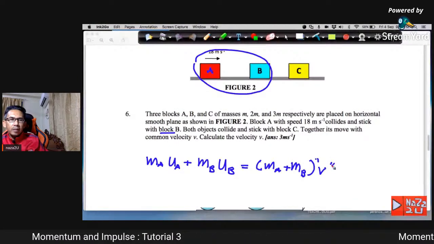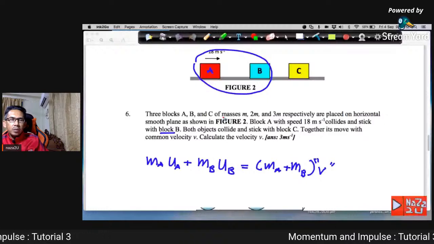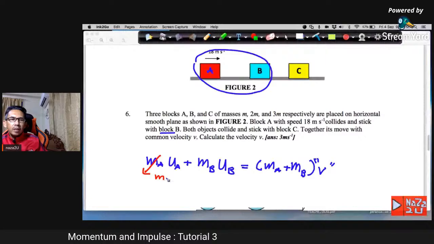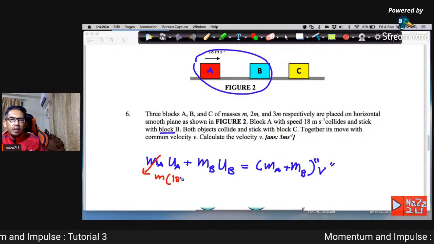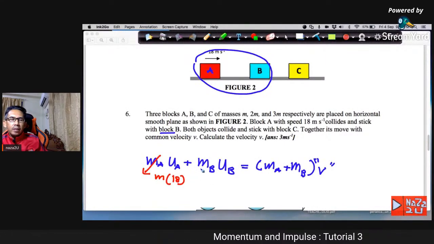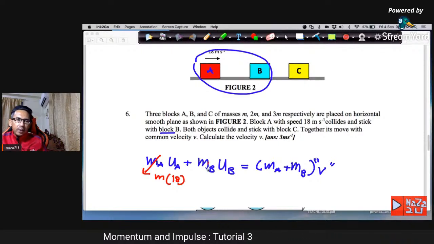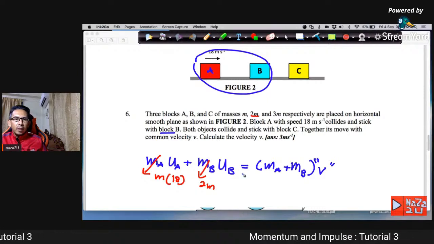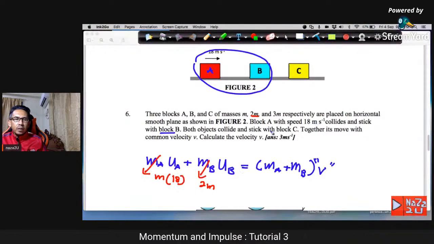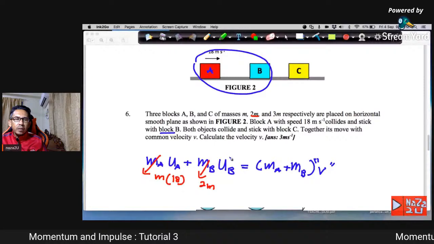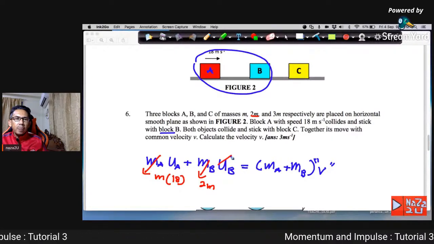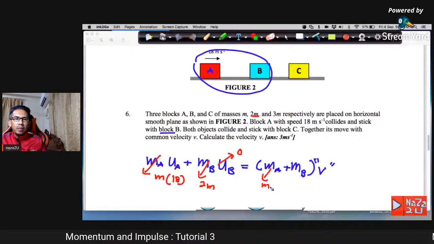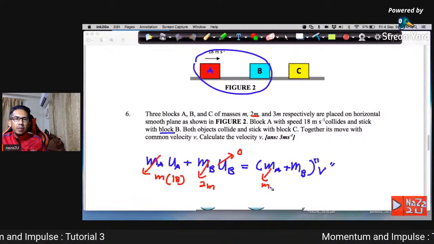For the first part, the value for M_A is M, U_A is 18, and M_B is equal to 2M. And U_B, because it is stationary, is 0.